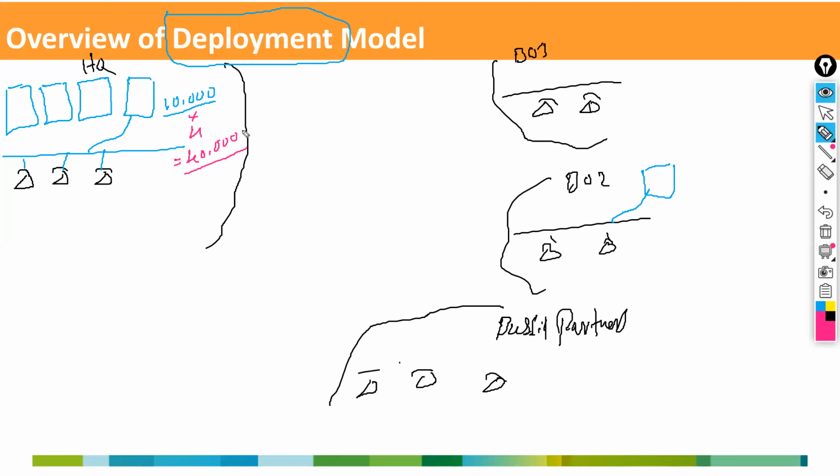For Asia, APAC, a different cluster. This is how every organization designs the network. So for example, if they have three clusters, one for US, one for UK, one for Asia, APAC.